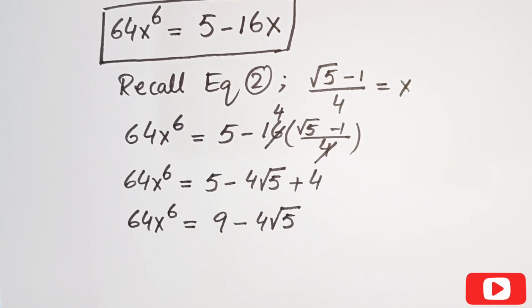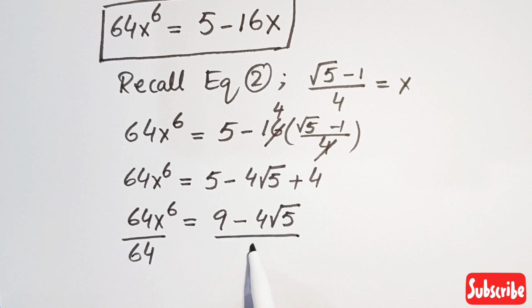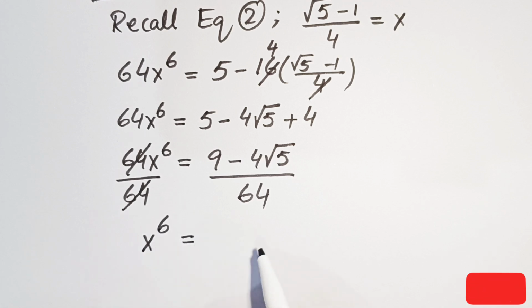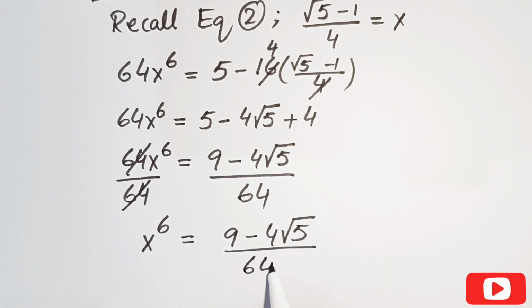Now here if we write 64x to the power 6, we just divide both sides by 64, then cancelling 64 with 64, we have the value of x to the power 6, which is equal to 9 minus 4 times square root of 5 all over 64.